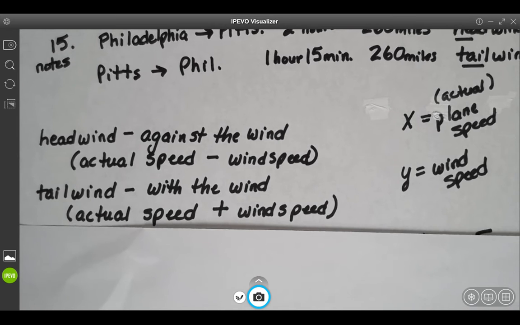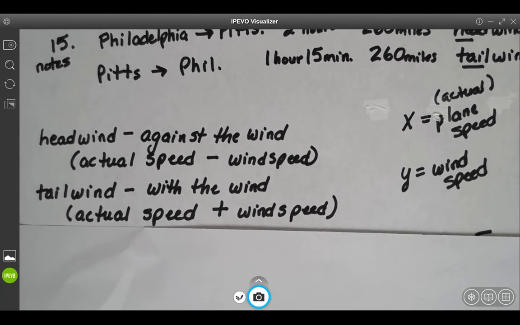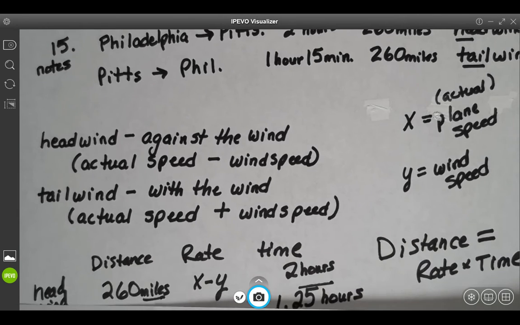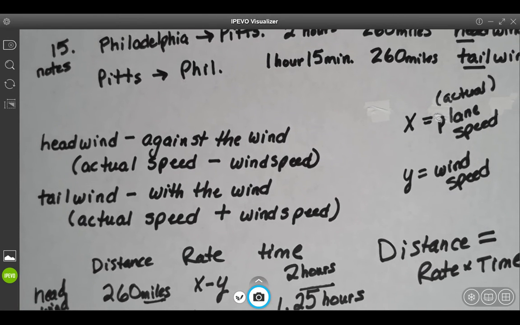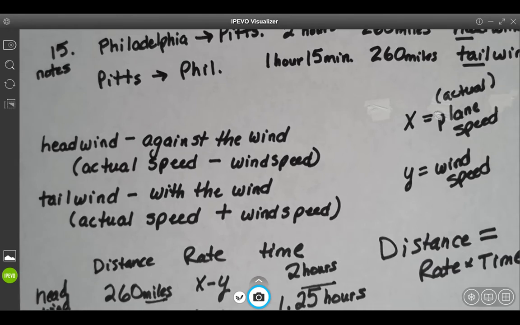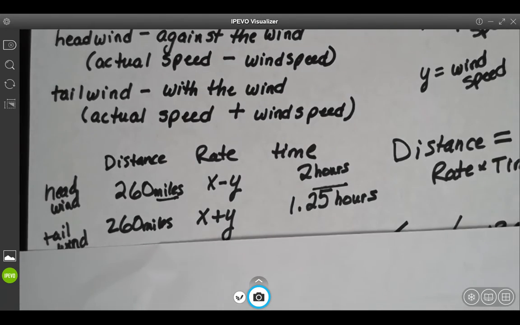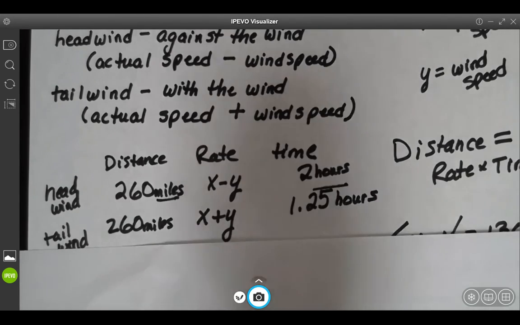If we let x be the plane speed, or the actual speed, and y be the wind speed, I'm going to go ahead and make a chart here.